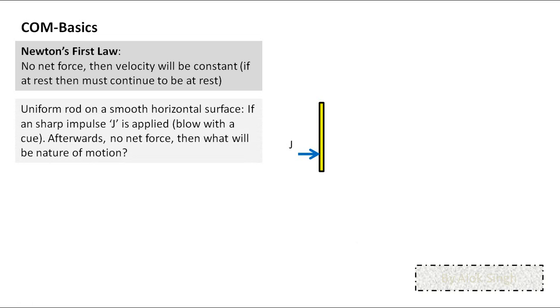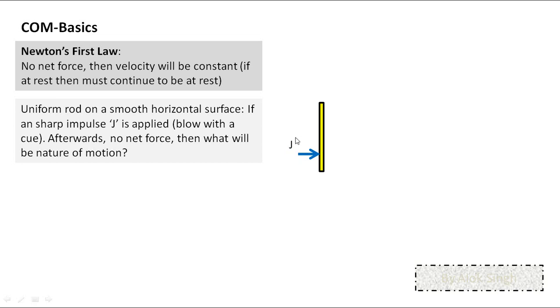If a sharp impulse J is applied, what is a sharp impulse? Something like striking a blow with a hammer or with a cue stick, similar to what we have in billiards. We apply an impulse, so a large force acts for a short duration, and the result of that is an impulse.